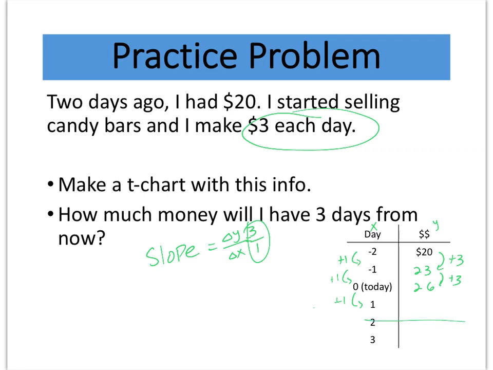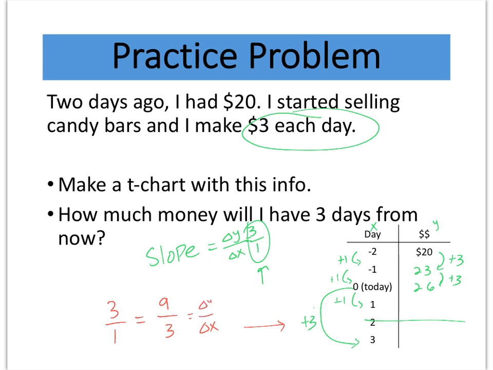If I wanted to skip this altogether and just go from day 0 to day 3, that would be a change in x of plus 3. But notice, my change in x doesn't come in plus 3, but 3 over 1 is equivalent to 9 over 3. The fractions are equivalent. And this comes back, I know that we don't always like fractions, but in this case it's really helpful. So my change in x is 3, like it is over here.